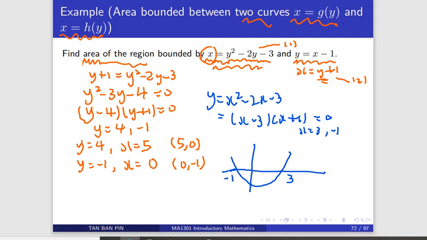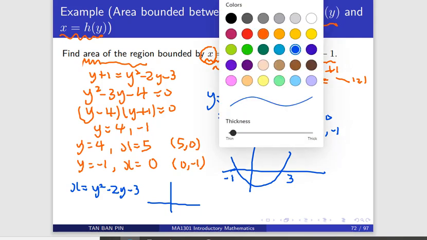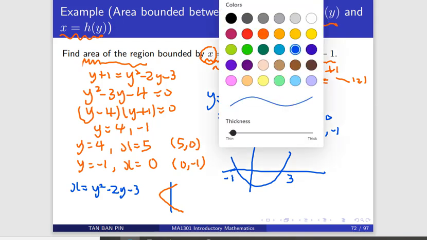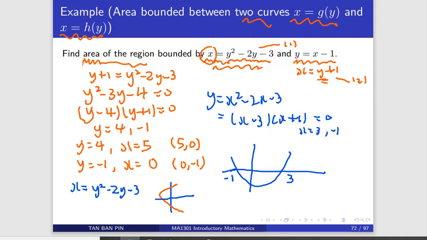If you sketch the other curve, x equal to y squared minus 2y minus 3, then it should look the other way around. You just interchange your x and y axis. Then it should look like this. So you cut at minus 1 and 3 at the y-axis.